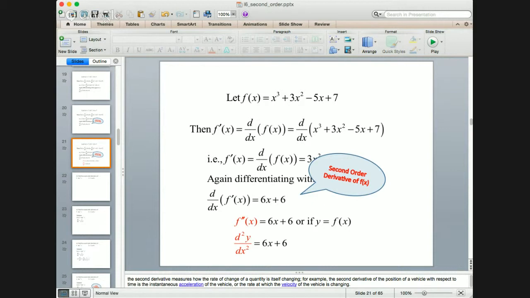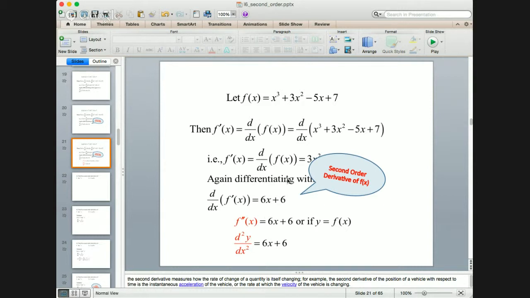So we rewrite and read the second derivative as d2y by dx square, right? And alternately, the notation that we will use will be f double prime of x. I'm used to reading it out as f double dash of x, so you may find me reading it in that form. Both of the notations are used alternately as and when needed.